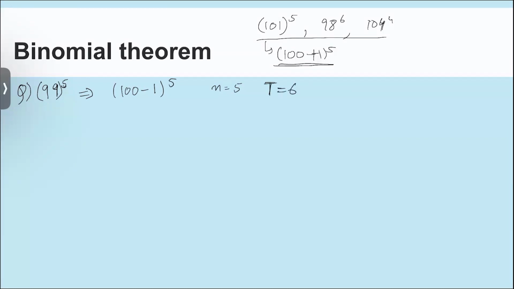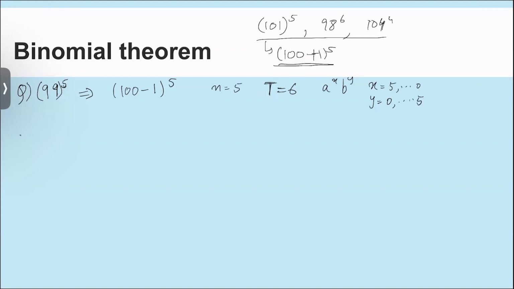So 6 terms we will have in the expanded form. And as you know, we have a raised to x and b raised to y for every term. So your x will start from 5 and go all the way down to 0, and your y will start with 0 and go up to 5. So these are the rules that we will be following.